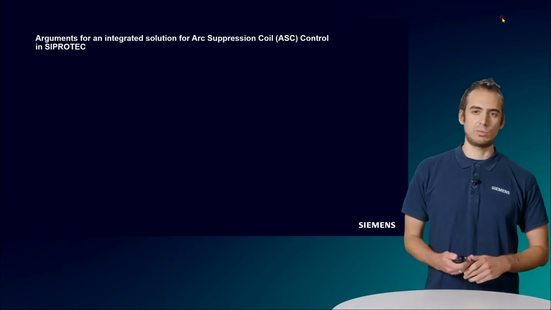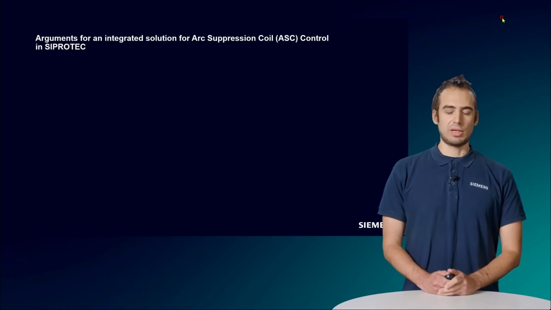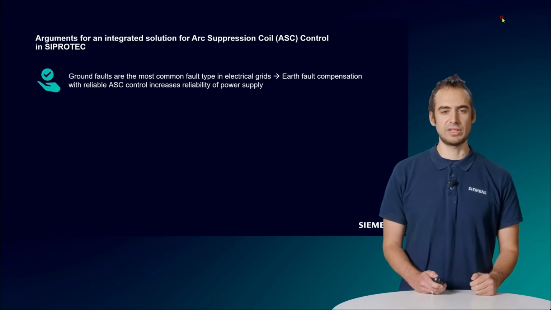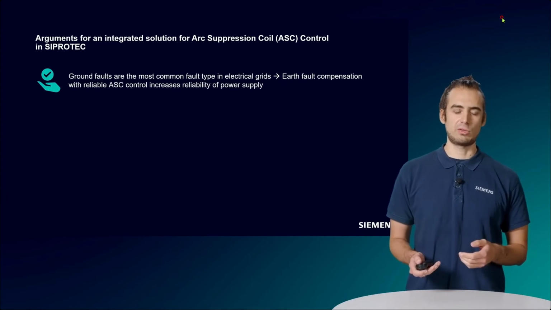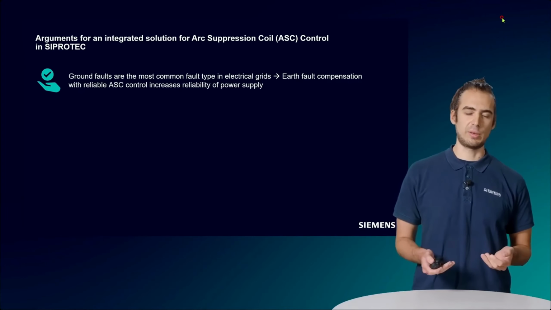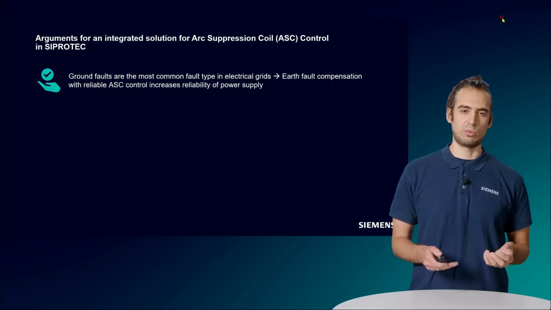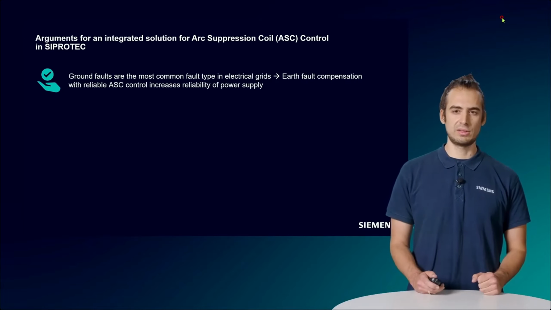So why did we now implement such an arc suppression coil control function also in SIPROTEC? We have seen that ground faults are an important topic, and we really can increase the reliability of power supply by using an arc suppression coil together with a reliable control for that.